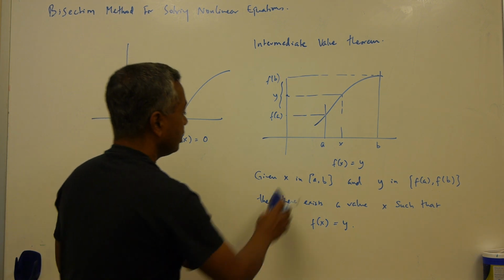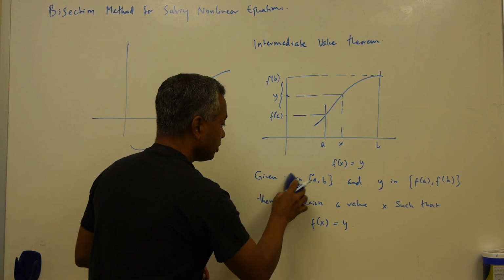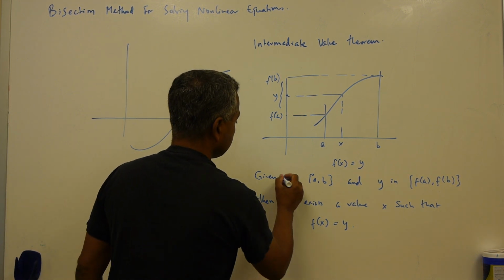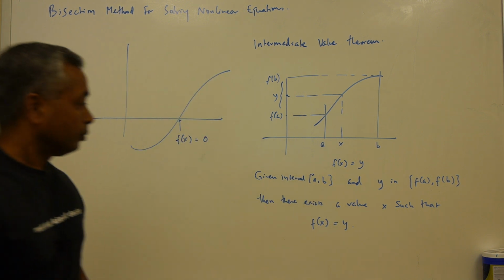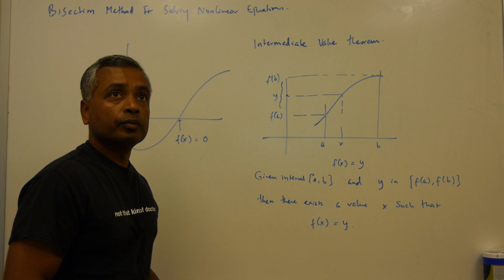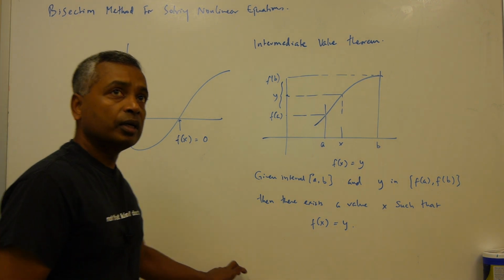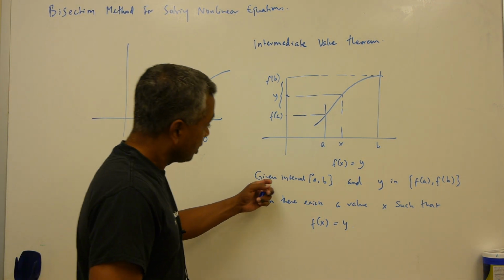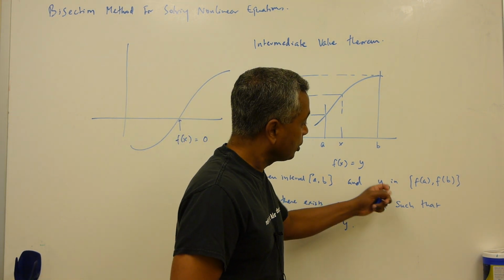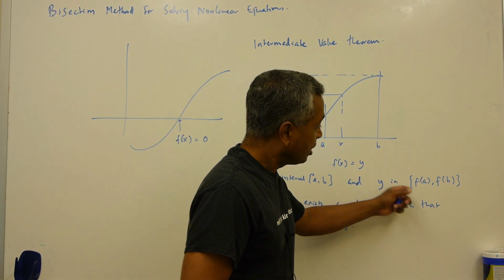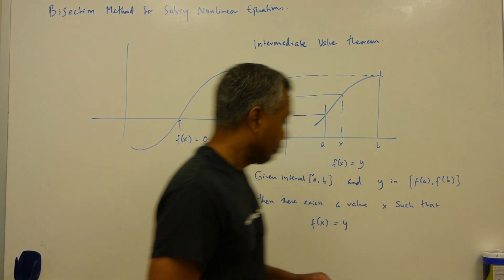I should say given interval, okay, so you have an interval, you have a function f defined over this interval [a, b], and I've given you a value y, which lies between fa and fb.